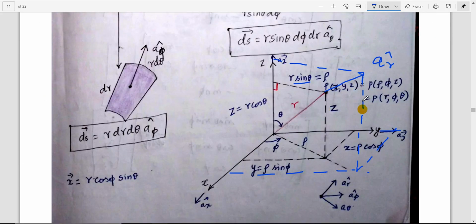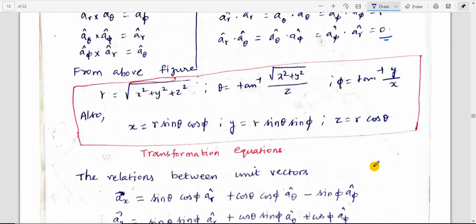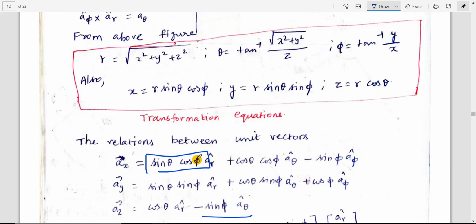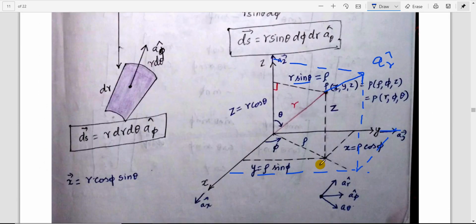Okay, and if we are taking it for the x-axis component, it is rho into cos phi. So rho into cos phi, as we have known, and rho can be represented as r into sin theta. So we can represent the x-axis component as sin theta into cos phi, right? Also for the y-axis component, it is rho into sin phi.